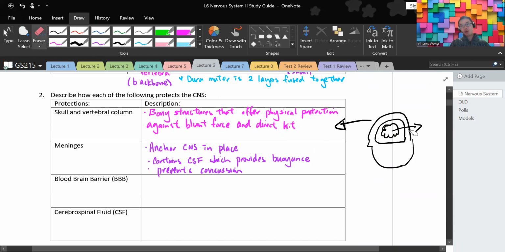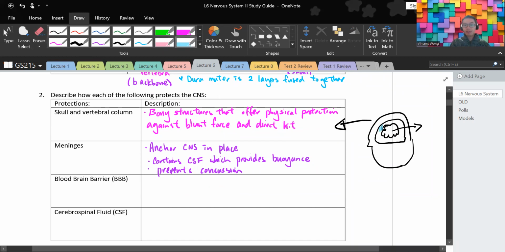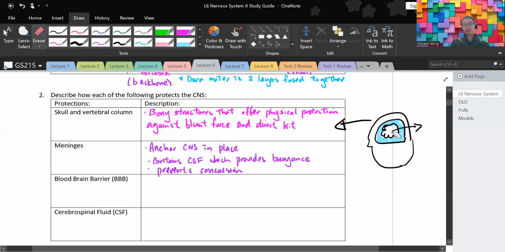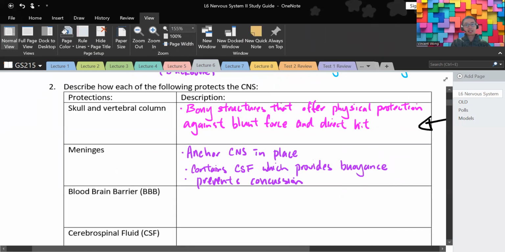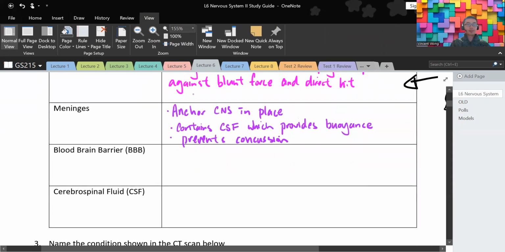So if it moves too quickly, it will hit the side of the skull, and that's what creates a concussion. But if the brain is floating in the cerebrospinal fluid, it creates a layer of cushioning that prevents the brain from hitting the inside of the skull. Of course, it has limitations. If the force is too great, you will still end up with a concussion. Professional football players, for example, easily get concussions because the force of collision is so great.